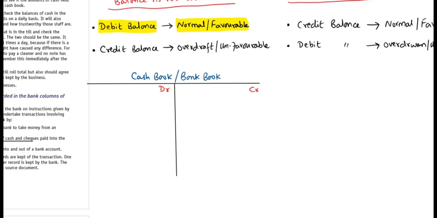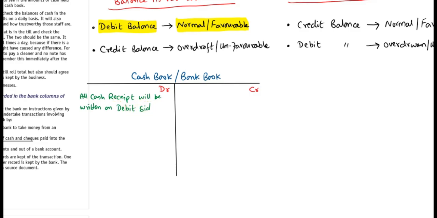Now here we will record some fictitious values. For example, all cash receipts will be written on the debit side.